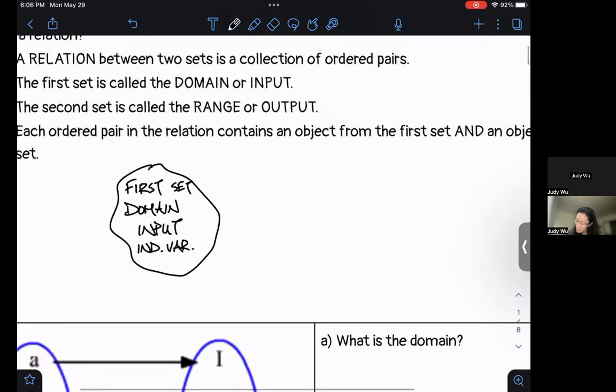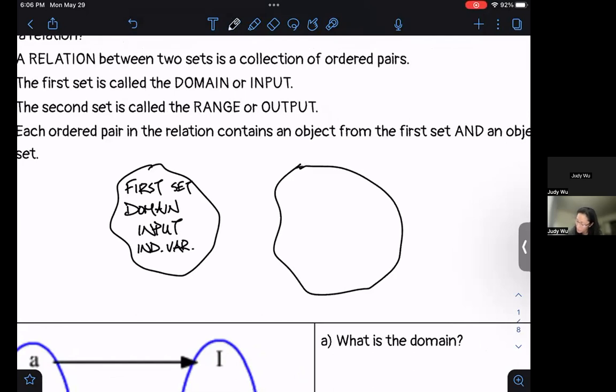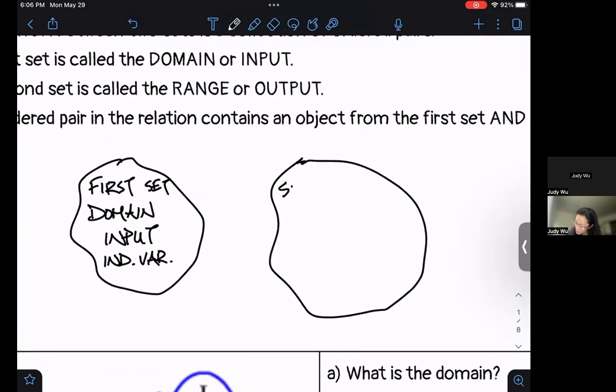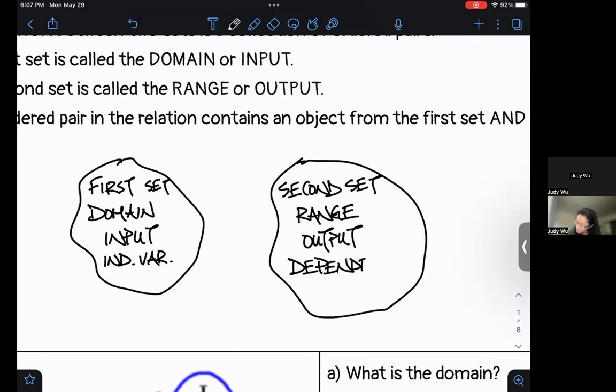And then we also have a second set, another blobby looking thing. And this second set we call the range, right? So not the domain, but the range, not the input, but the output, and not the independent variable, but the dependent variable, okay?